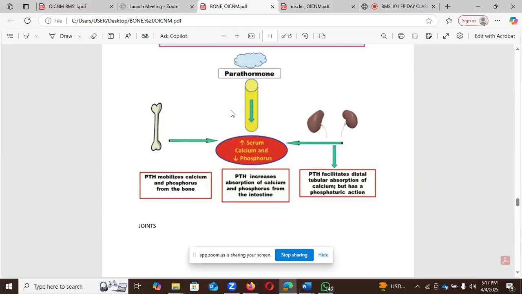So if estrogen is low, there will be loss of calcium from bone, which will cause the bone to become brittle, fragile, and diseased. That disease is called osteoporosis, which is due to lack of calcium in the bone. And that is caused by lack of estrogen in women.